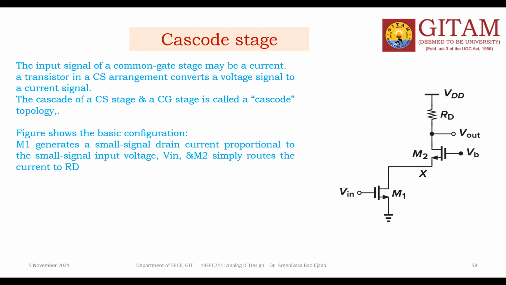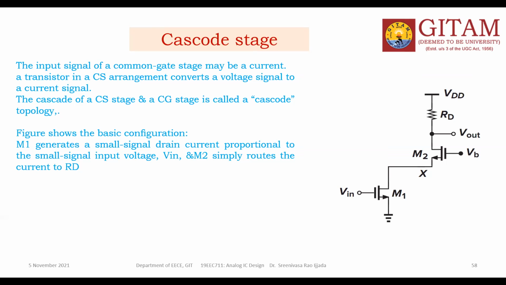The current which is produced by the CS is fed as the input of the CG stage. So you should remember that. That's why the CS and CG stages are connected as cascode. Definitely whatever current is produced according to the input signal by the M1 transistor will be routed by your M2 transistor, that is the CG stage.